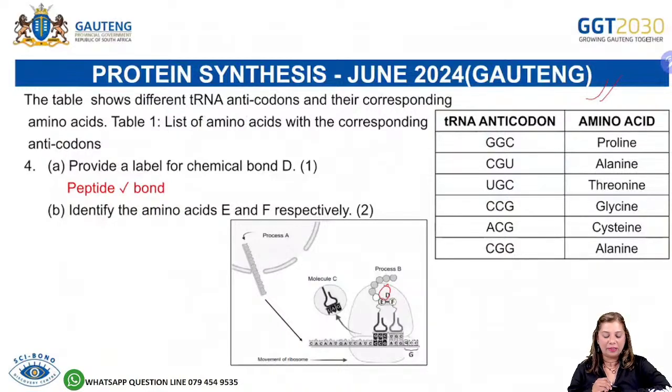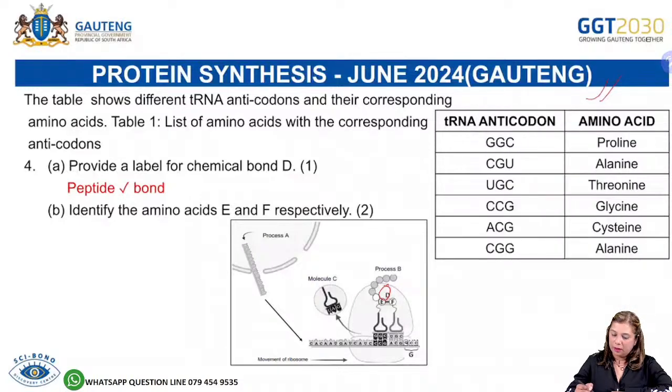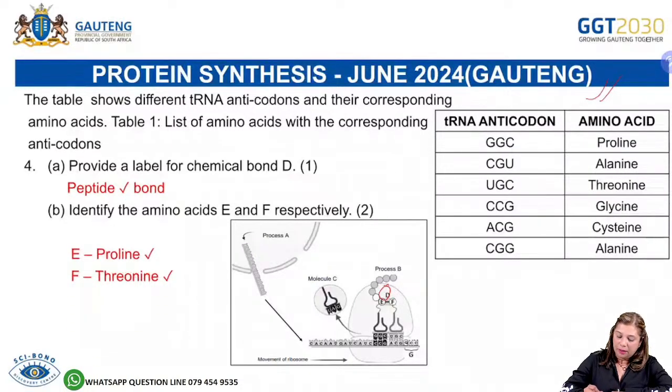Identify the amino acids at E and F respectively. So at E, let's find E. E is GGC. Right. There we go.